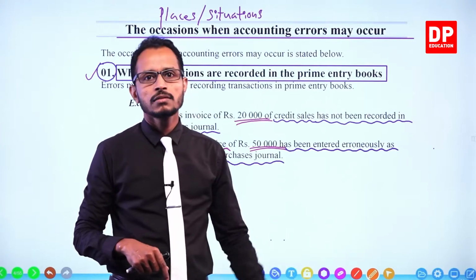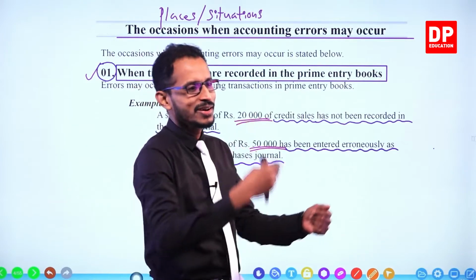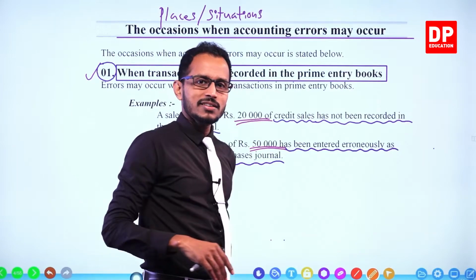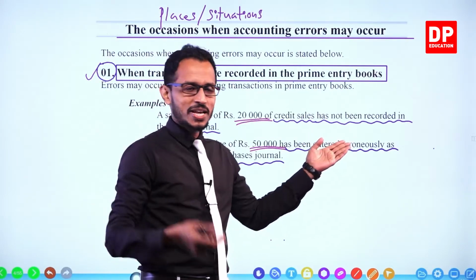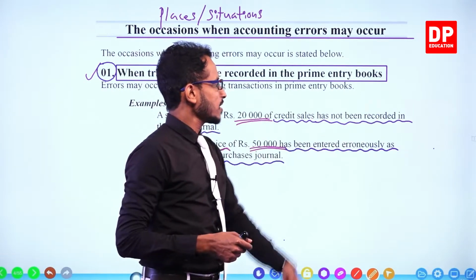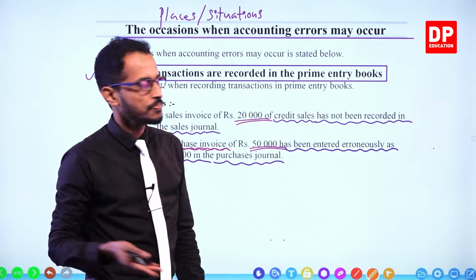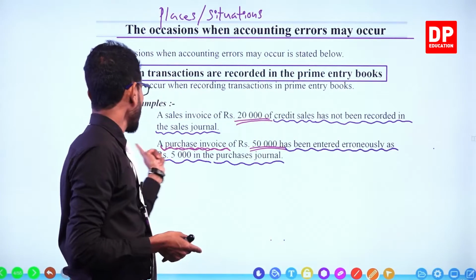The bill has blown away. Things happen. So the invoice is misplaced. If the invoice is not there, how can the bookkeeper record the transaction, right?